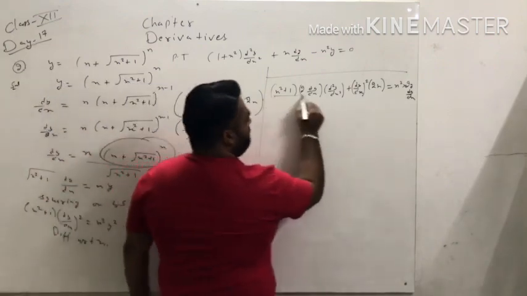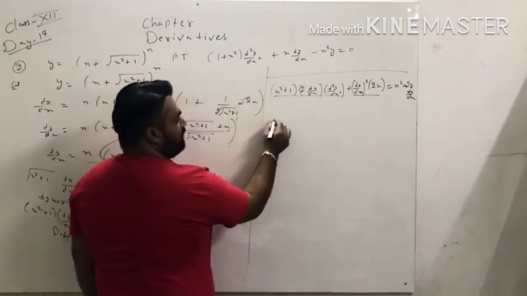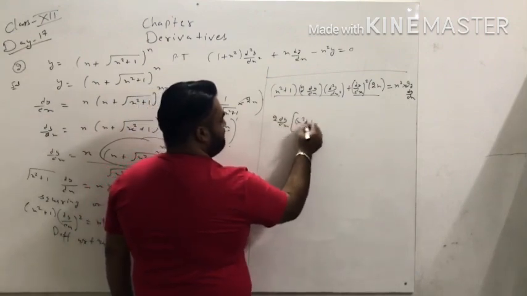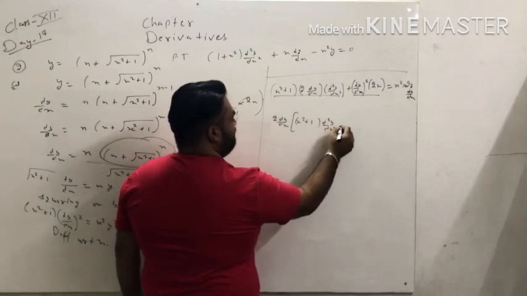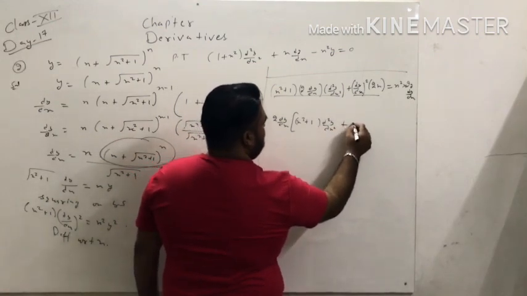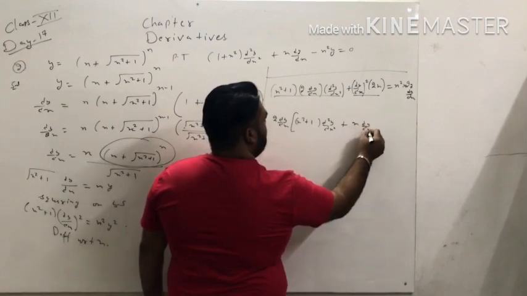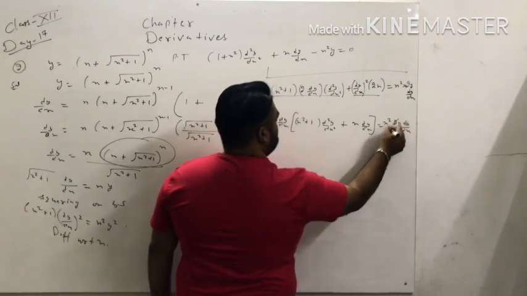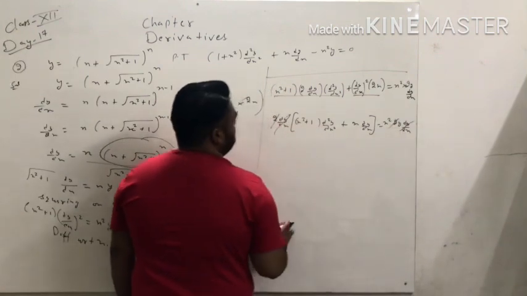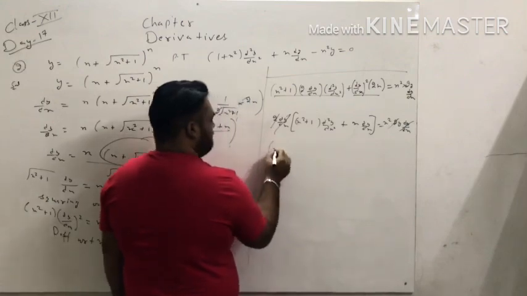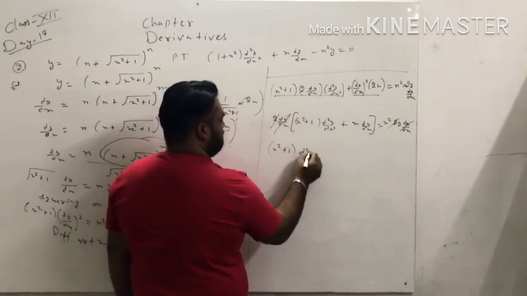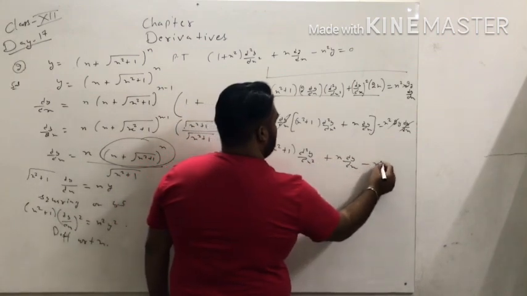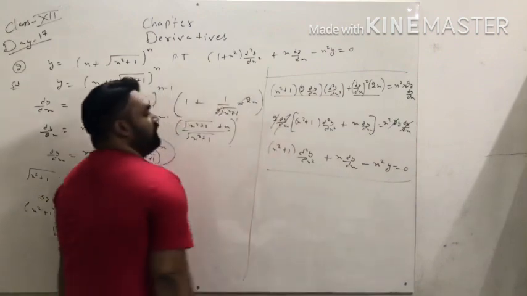So now we take common from these two terms. The common term is 2 dy by dx. So we are left with x square plus 1 d square y upon dx square plus x dy by dx equals n square y. So 2 cancel, dy by dx cancel. So the final answer is x square plus 1 d square y upon dx square plus x dy by dx minus n square y equals 0.